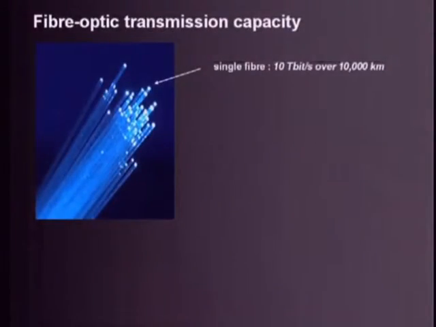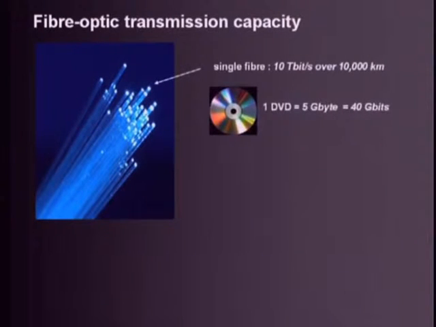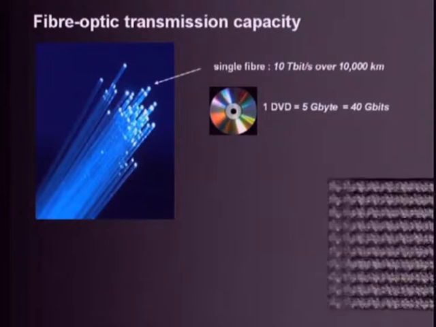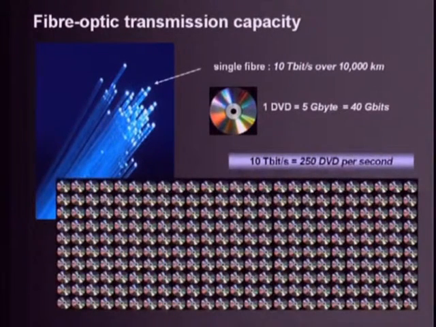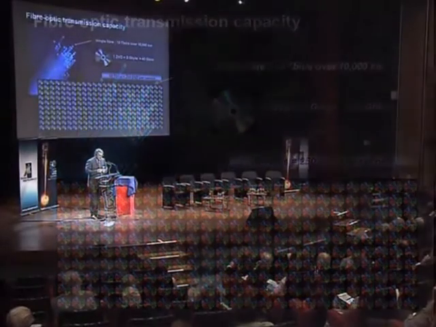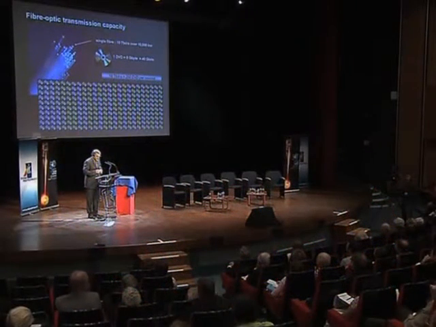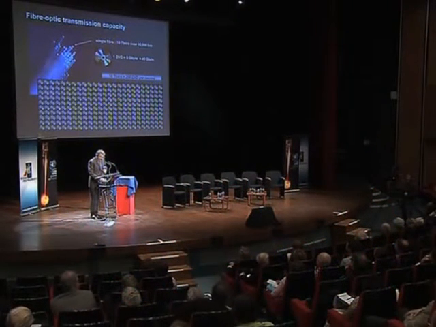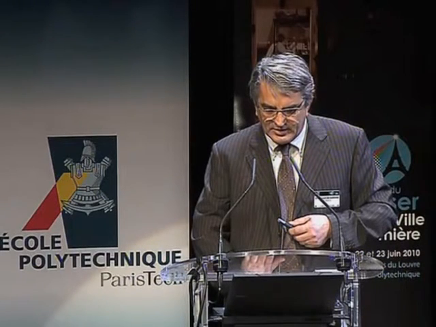For a single fiber, take this example of 10 terabits over 10,000 kilometers with a DVD capacity of 40 gigabits, and that's what you have per second, 250 DVDs in the fiber. Submarine cables typically have 4 to 6 or more active fibers. So that gives you a mind-boggling idea of the traffic.